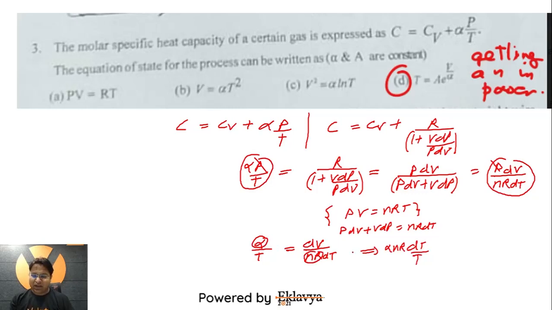So alpha nR into dT by T is equal to dV. From here we get alpha nR ln T is equal to V plus some constant of integration. I'll write the equation on the next page: alpha nR ln T is equal to V plus some constant of integration.